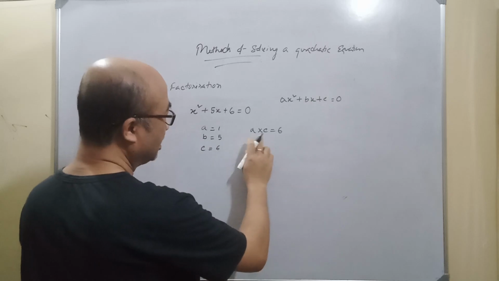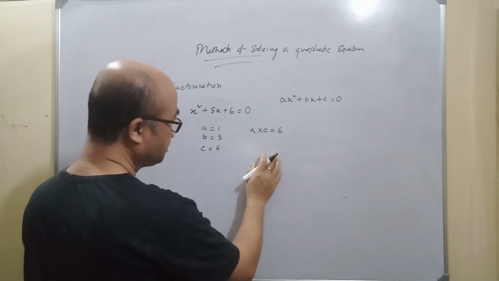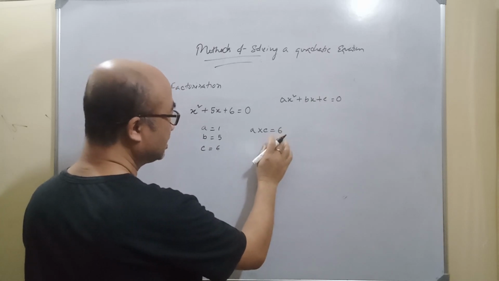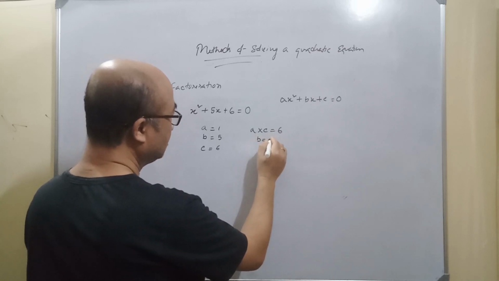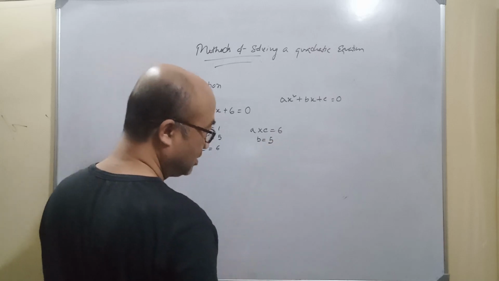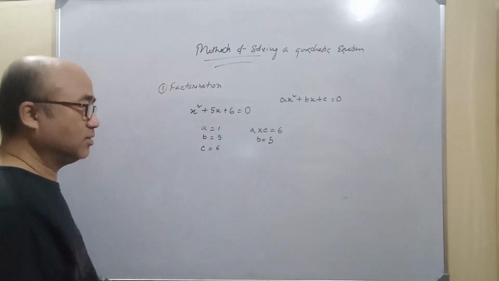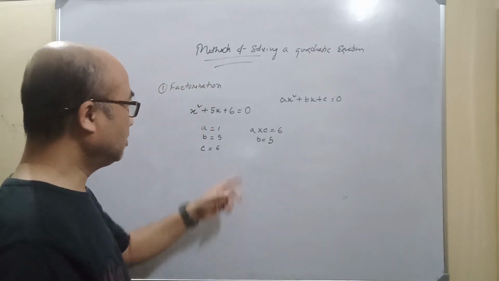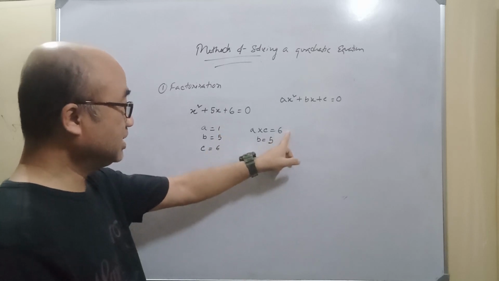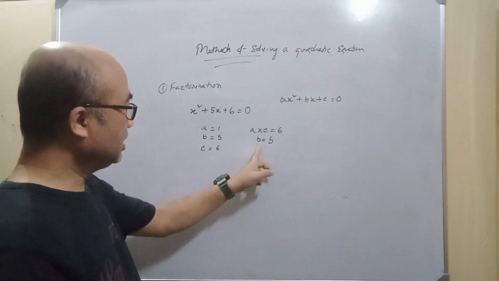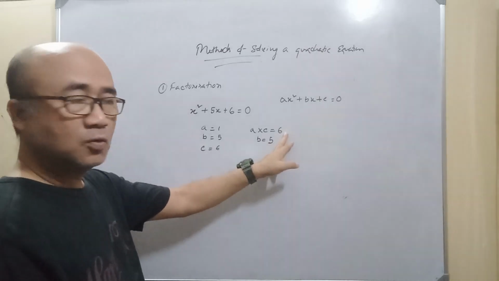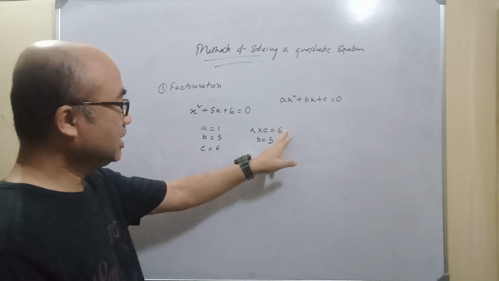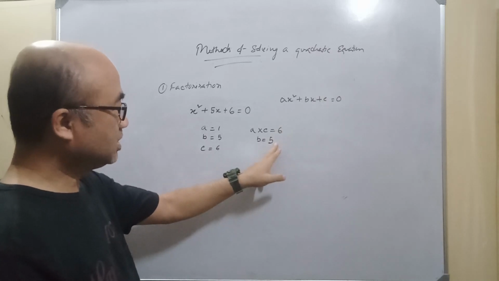So we have to find two numbers whose product is 6 and whose summation is equal to b. First you multiply a and c, you get 6, and b is 5. So you find two numbers whose product is 6 and whose summation is 5.